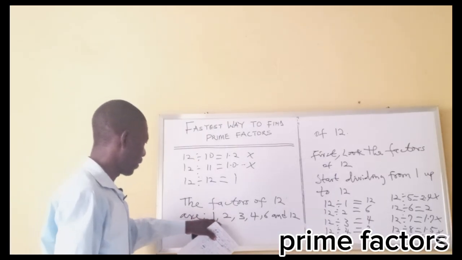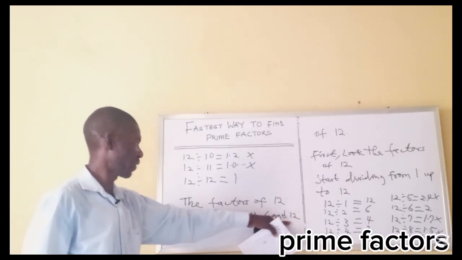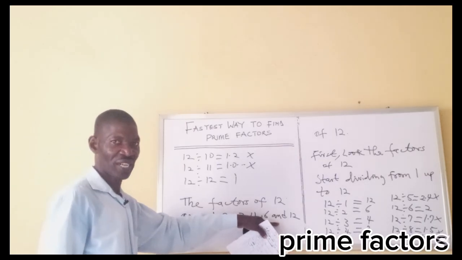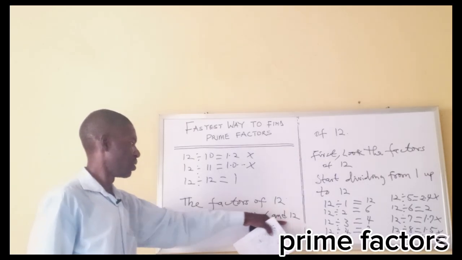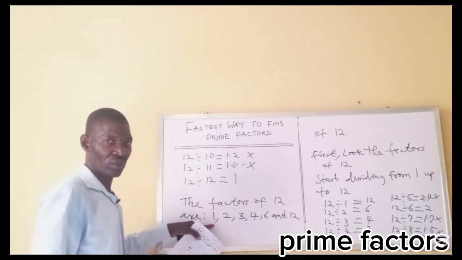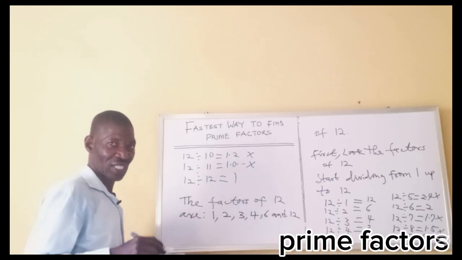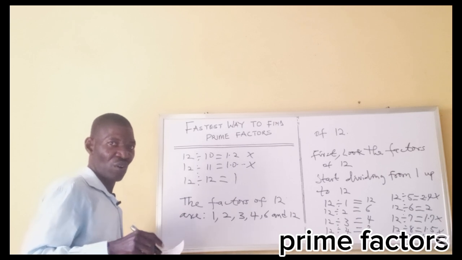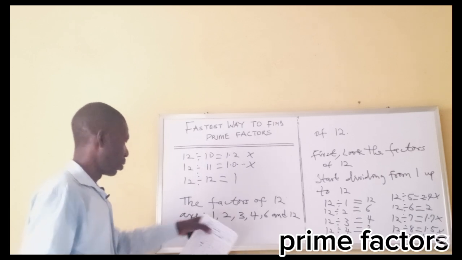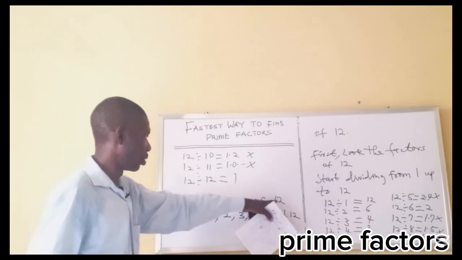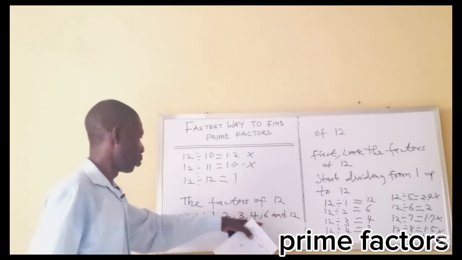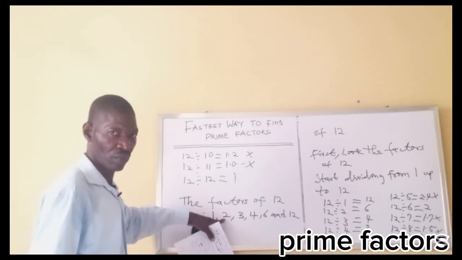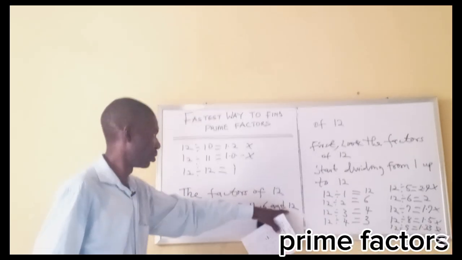So inside these factors now, we are going to pick out the prime numbers. From the definition, prime factors are prime numbers inside the factors of a number. So we have gotten the factors of this number 12. So we are going to pick out the prime numbers inside these factors.